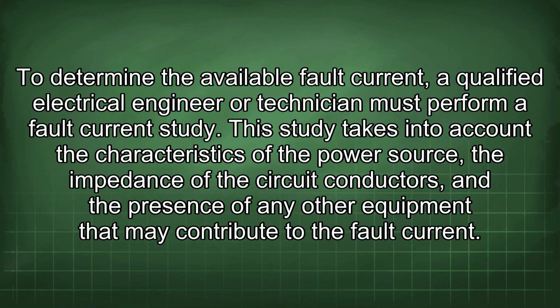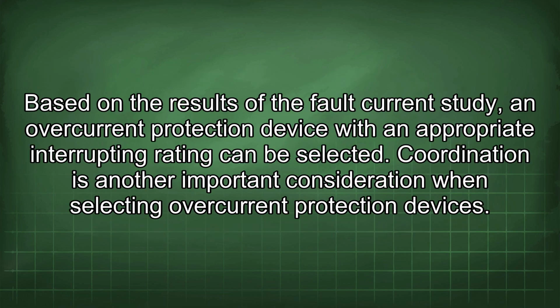To determine the available fault current, a qualified electrical engineer or technician must perform a fault current study. This study takes into account the characteristics of the power source, the impedance of the circuit conductors, and the presence of any other equipment that may contribute to the fault current. Based on the results, an overcurrent protection device with an appropriate interrupting rating can be selected.